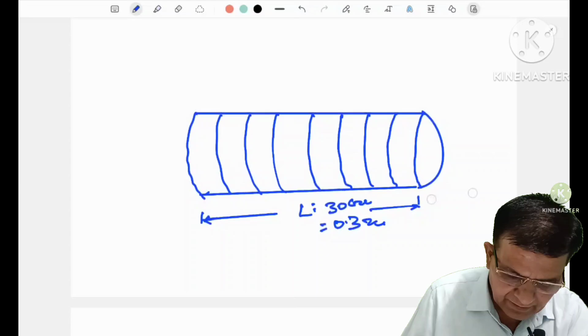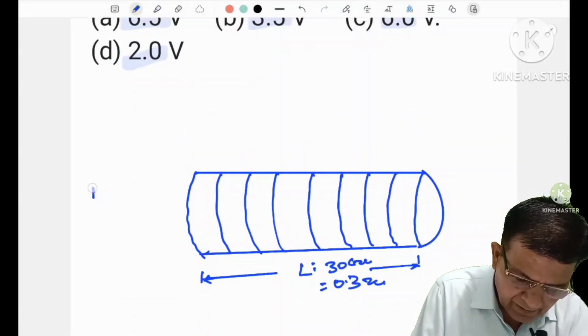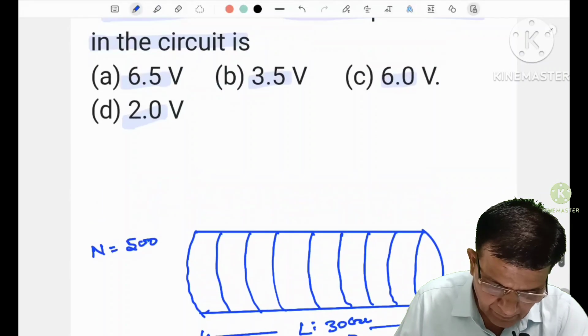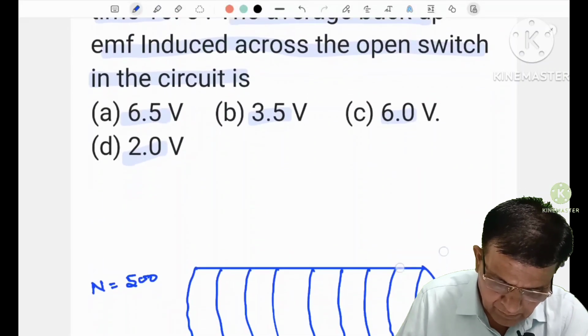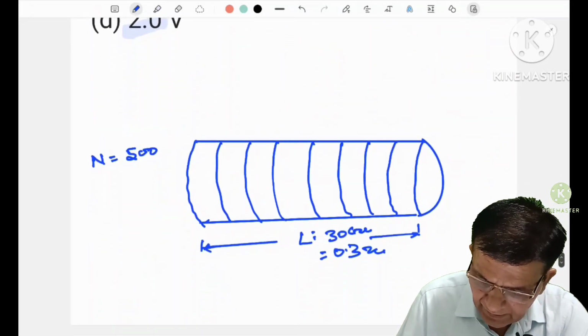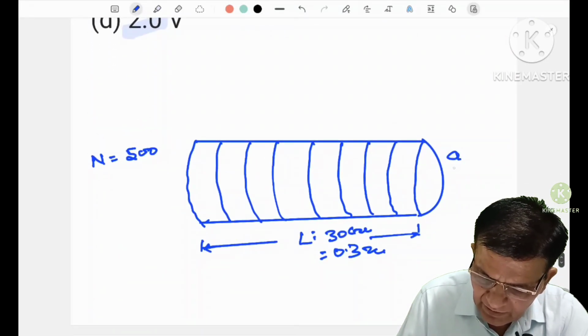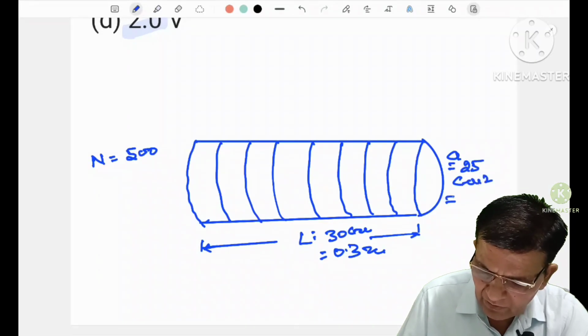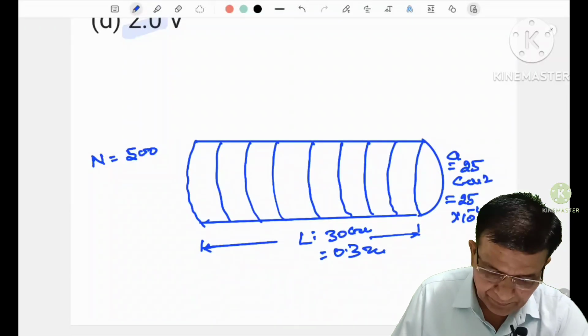Number of turns N is 500, total turns. Area of the cross section is 25 centimeter square or 25 into 10 to the power minus 4 meter square.